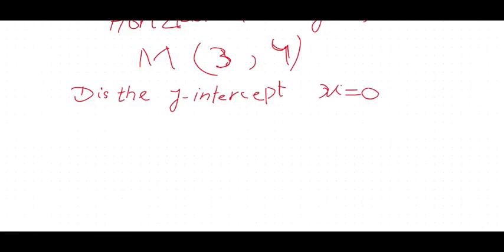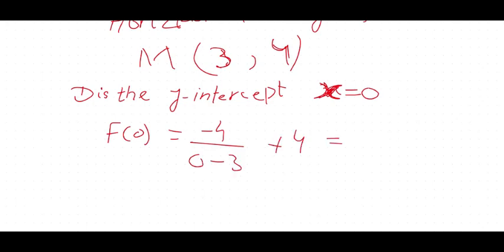So we have to put 0 in the function. What do we get? Minus 4 by 0 minus 3 plus 4 equals, this minus cancels with this minus, and we have 4 by 3 plus 4.